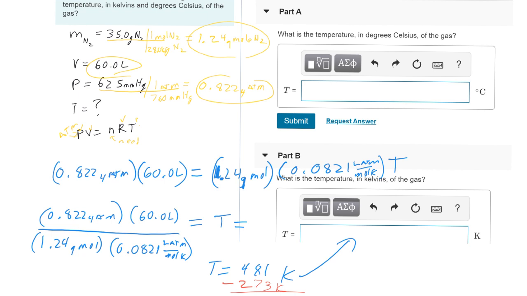And that gives you 208 Celsius and 481 Kelvin. That's it.